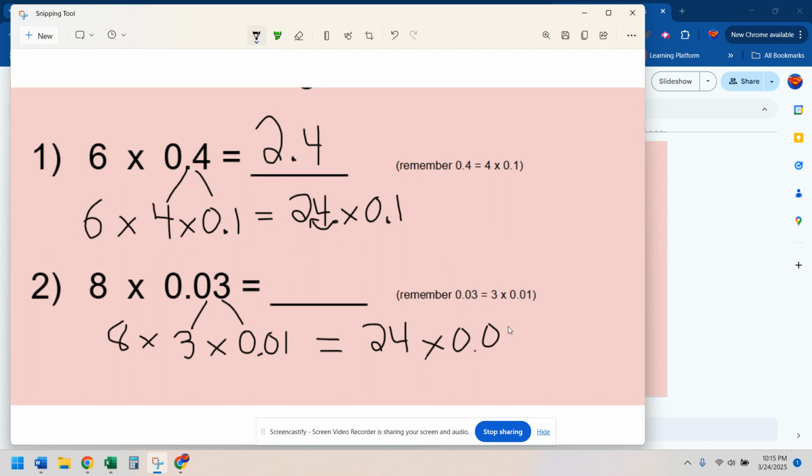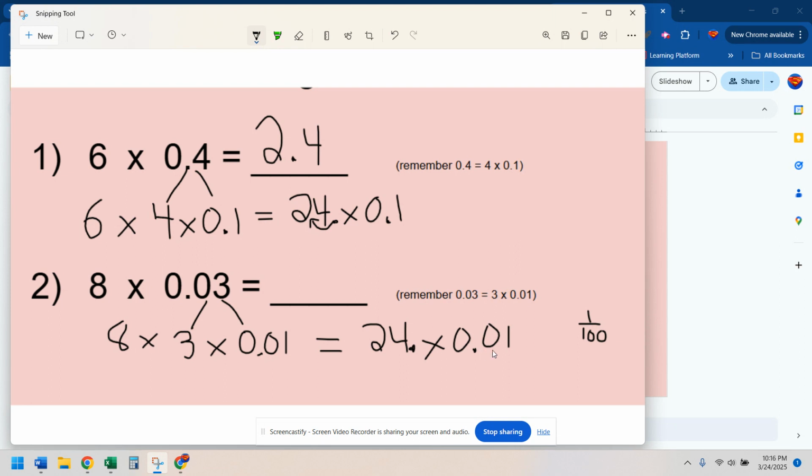And you can stop and say, oh, but that's so hard, but it's not. Because as soon as we change it into 1/10, 1/100th, 1/1000th, then we can use our rule, move the decimal point. So the decimal point in 24 is right here. If I multiply by 1/100th, it has 2 zeros in it.